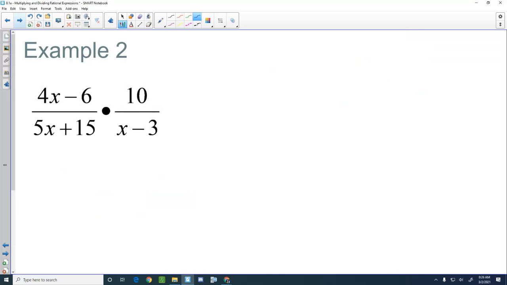All right, go ahead and try this one on your own. So you have 4x minus 6 over 5x plus 15. That's one fraction. And it's being multiplied by 10 over x minus 3.